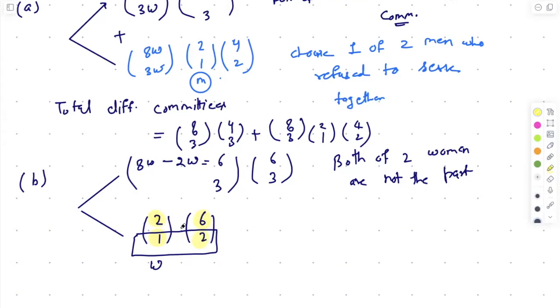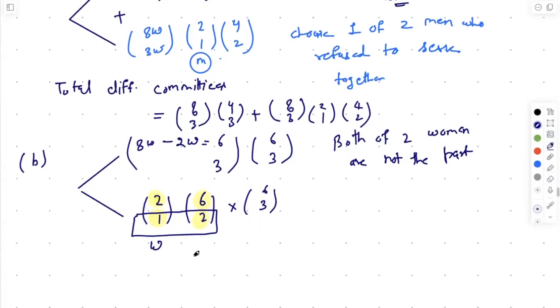Yes. The reason being, the committee will not work only in one situation where both of those particular 2 women are there, and we are taking only one. So no issues are there. What about men? There is no issue with the men. Out of 6, let me just take 3 there. Any doubt? So in this case, my total different committees are going to be the sum of both possibilities.